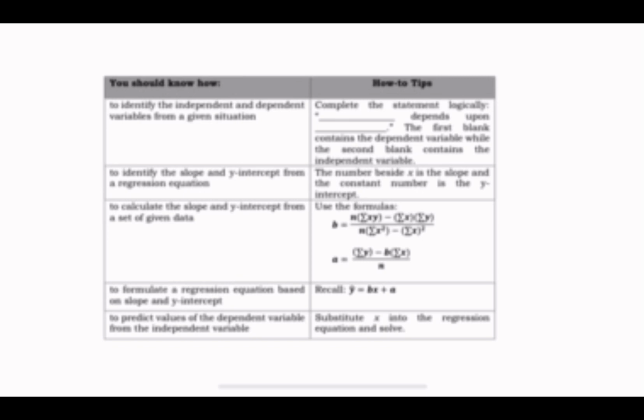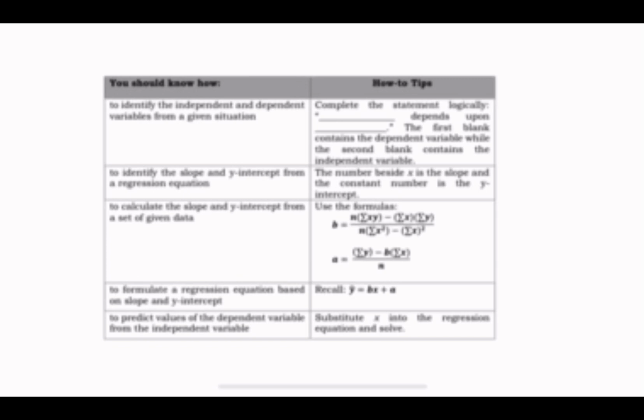The first blank contains the dependent variable while the second blank contains the independent variable. You should know how to identify the slope and y-intercept from a regression equation. The number beside x is the slope and the constant number is the y-intercept.